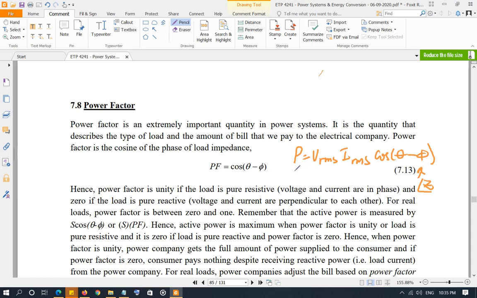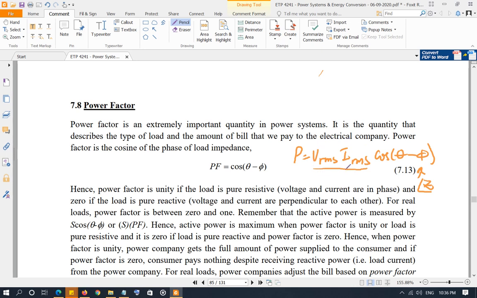What would that mean? That means the power is going to be maximum, which will be VRMS times IRMS. Because remember, cosine goes from 0 to 1. So when theta minus phi is 0, cosine of 0 is 1, that's the maximum power that you can consume.